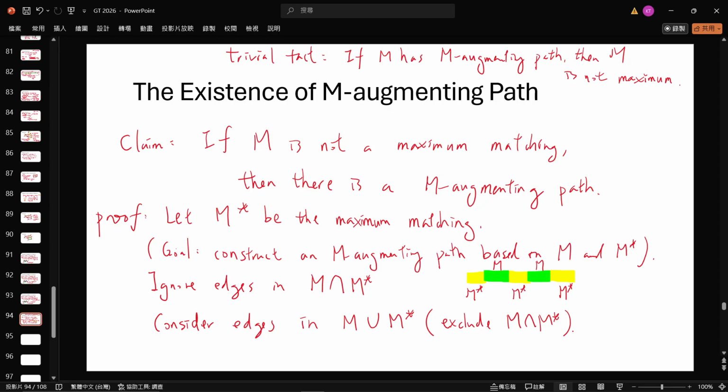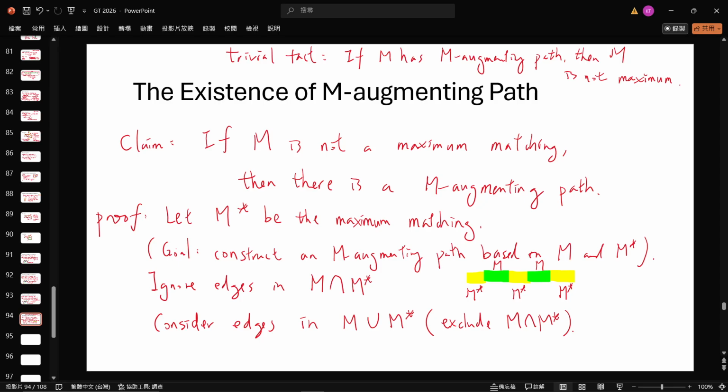Okay? So next, let's just consider the union. But since we ignore the intersection, we're going to exclude edges that appear both in the green one and the yellow one.